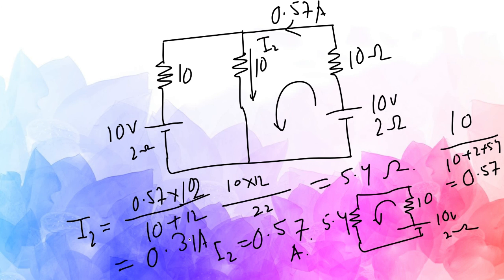So this is what I2 is. This is the total current IT, because we found the equivalent resistance of this part of the circuit, which is around 5.4. That is why this current is again divided into two parts.